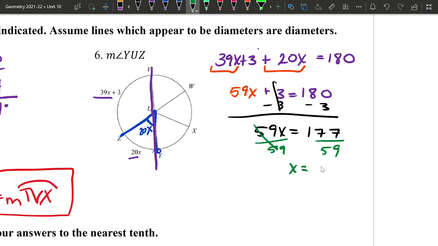So x equals 3. But this problem didn't ask for x. It asked for angle YUZ. And I know angle YUZ is 20x. So the measure of angle YUZ equals 20x. And x is 3. So that means the measure of the angle is 60 degrees.